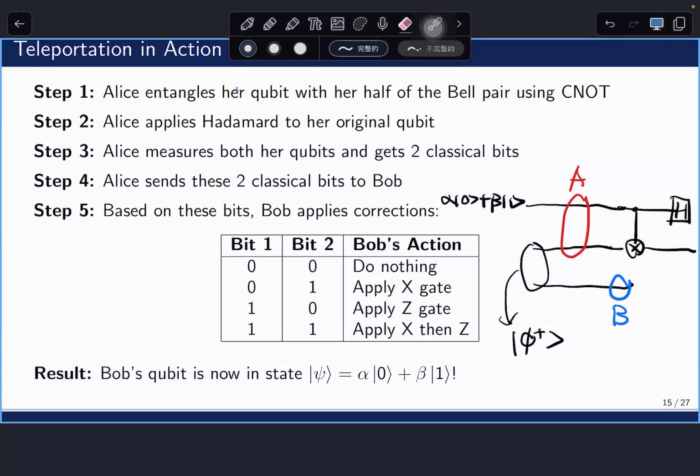If it is 0, 1, because the second bit is 1, we activate the controlled X here. And if both bits are 1, we activate both controls. This shows the basic idea of how we use the measurement result to do the error correction. As for why we need to do the error correction, we will show in the next part later on.